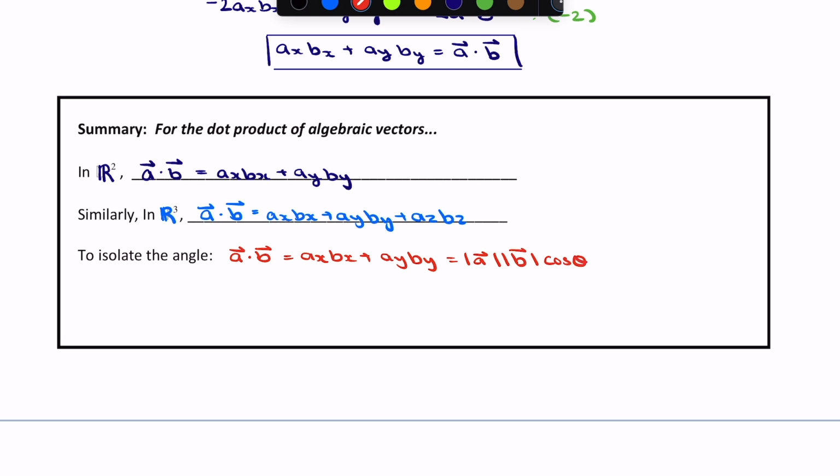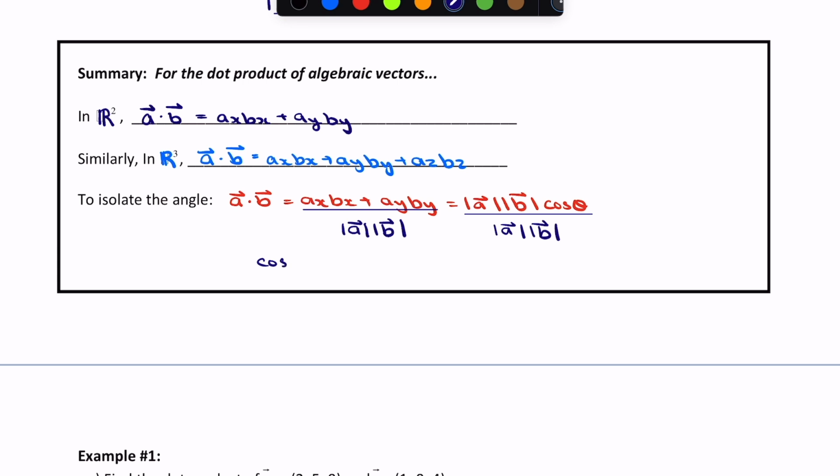And if we divide everything by the magnitude of vector A and the magnitude of vector B, we see here that cos theta is equal to the dot product of vector A and vector B over the magnitude of vector A and vector B. This is for the algebraic vectors.